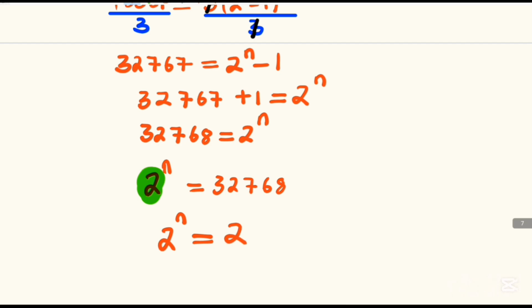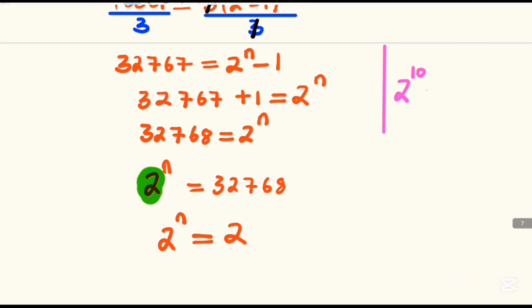Because the examiner knows that logarithmic laws are not part of your syllabus. So through trial and error, we must find an exponent which will base the 2 so that it will be equals to 32,768. So we start with 2 raised to the power 10.